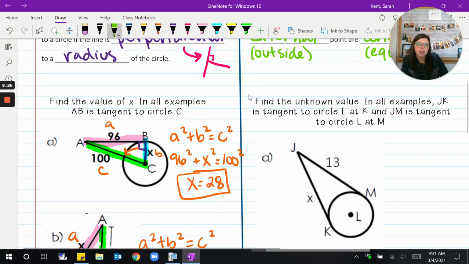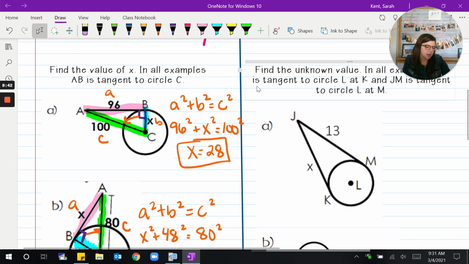Here we have find the unknown value in all examples. JK is tangent to circle L at point K, and JM is tangent to circle L at M. So all that means is if we look at this, since the center's in the middle and it says L, this is circle L. And then it said that JK was tangent at point K, so that means K touches the circle.